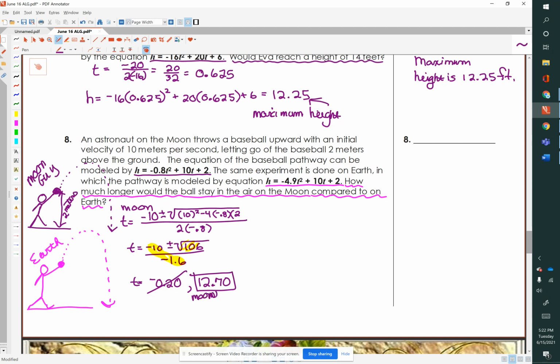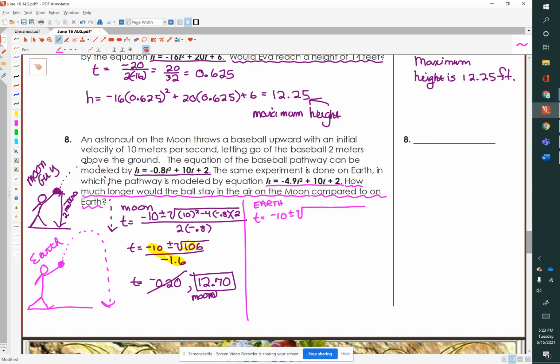How long will it take this thing to hit the ground on the moon? Now we've got to do the Earth. Again, we're going to use the quadratic equation. t equals negative 10 plus or minus, so we're using the Earth equation, so we have slightly different numbers.